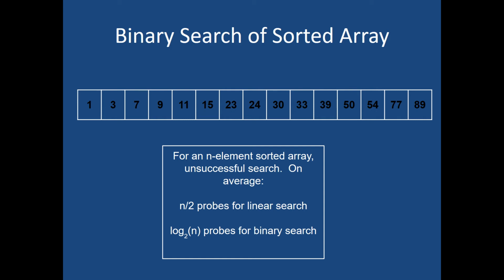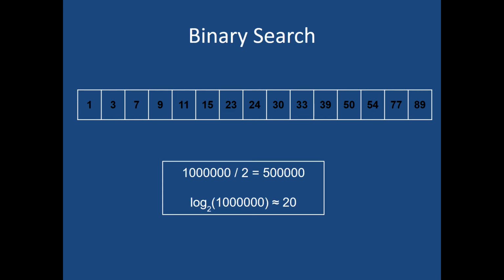Is that a big difference, n over 2 compared to log base 2 of n? Okay? It's a massive difference if the number's big enough. So right here, I said 1,000,000 elements before. If you have a 1,000,000 element array, divide that by 2, you get 500,000 probes to decide on average that something's not in the array. On the other hand, log base 2 of 1,000,000 is about 20.